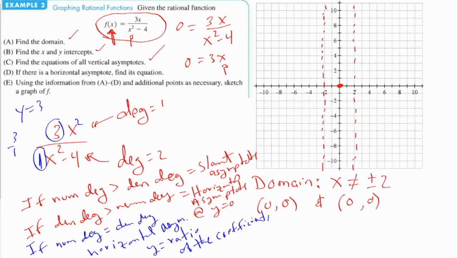And we'll see all of this laid out in notes again later. But for now, we see that our asymptote is at y equals 0. So we'll put an asymptote right through the x-axis.